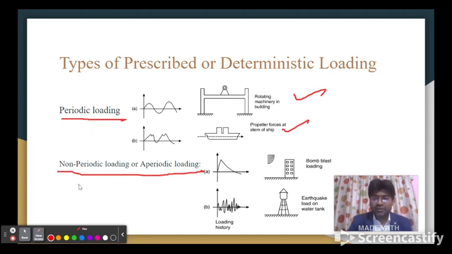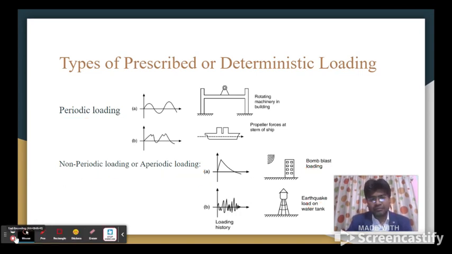Okay, if the load does not repeat itself within a time duration, or you can say the load is keeping on changing with respect to time, for example bomb blast loading or earthquake loading, these types of loading are called non-periodic or aperiodic loading.